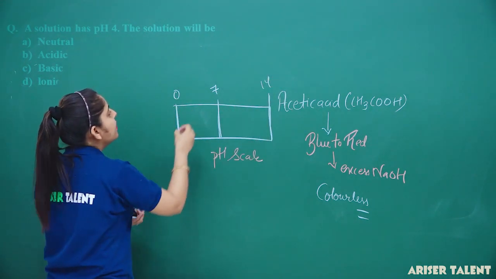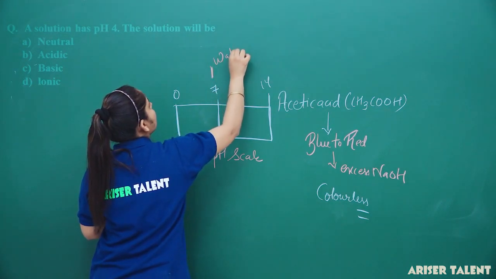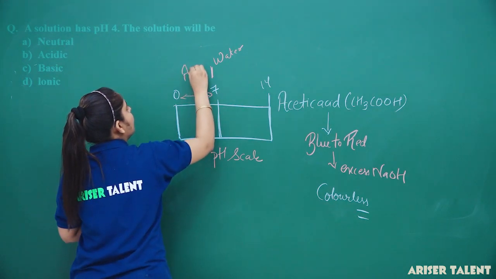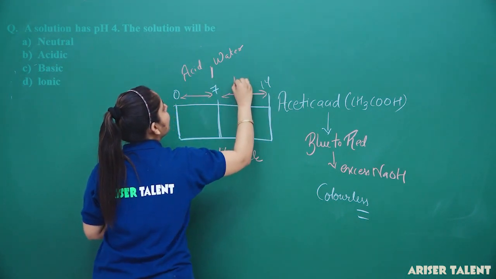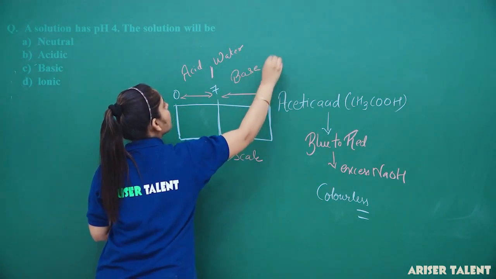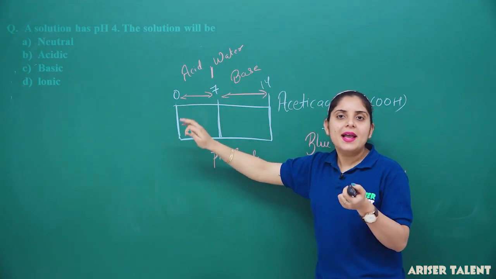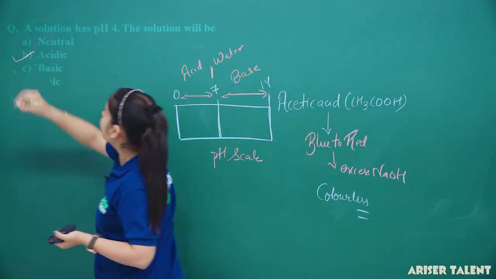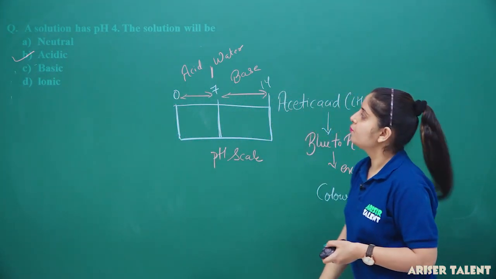So we can consider that pH 7 will be for water. If the pH lies between 0 to 7, it is acid, and if the pH lies between 7 to 14, it can be considered in the category of base. Now the pH is 4. So 4 lies between 0 to 7. So we can say that the solution will be acidic in nature. So the correct option is option number B.